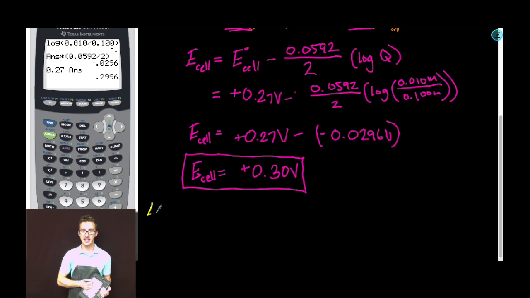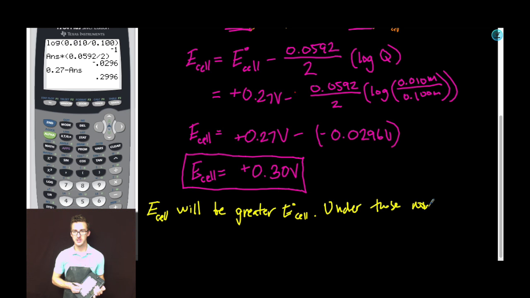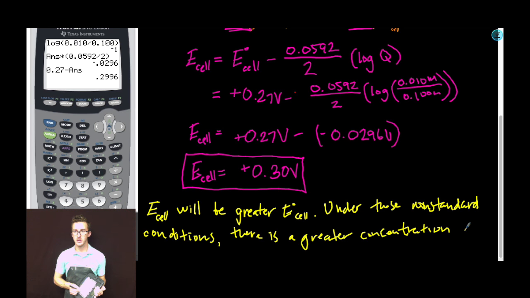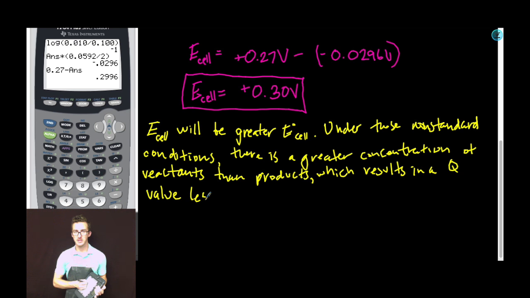So we can say E cell will be greater than E naught cell, period. Under these non-standard conditions, there is a greater concentration of reactant than products, which results in a Q value less than 1.